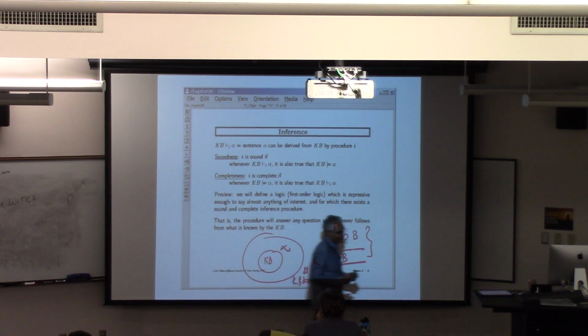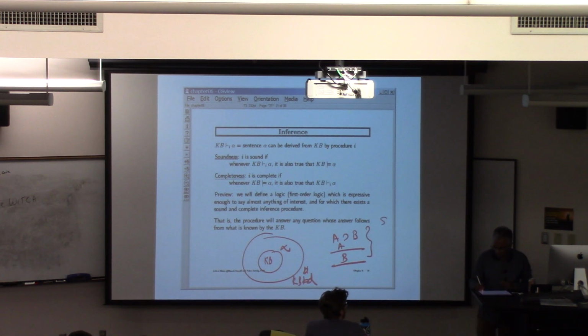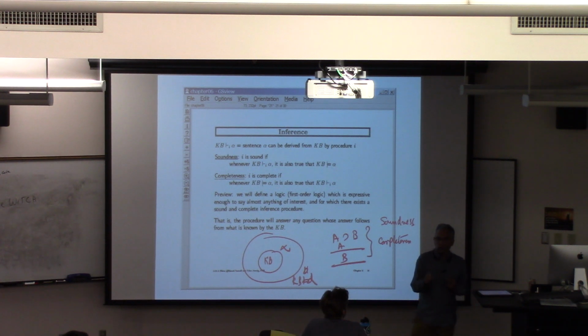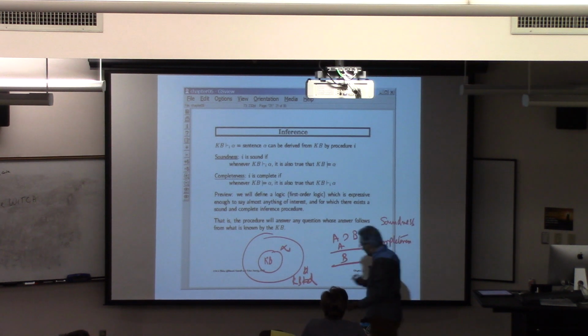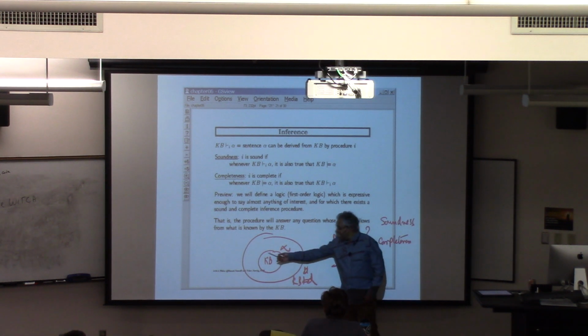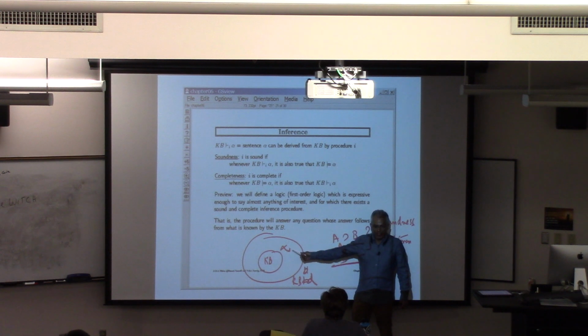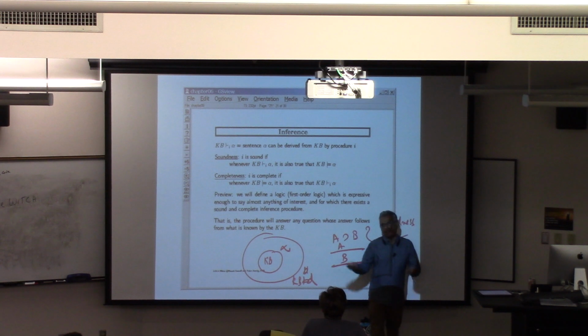One is called soundness. The other is called completeness. You will say a rule is sound if whenever you apply the rule and write a fact to be true, you can be sure that that fact is actually true according to the model theory. And a rule is called complete if any fact that can be proved to be true from the model theory, this rule also will let you write.